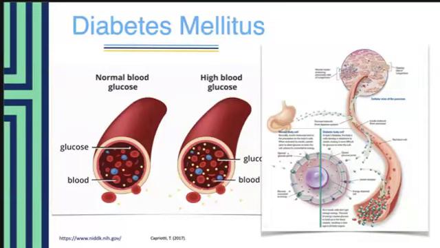if we leave type 1 diabetes untreated, the lack of insulin can lead to that severe hyperglycemia. Now, this is where the kidneys attempt to remove the excess glucose through increased urination. So we start to see that polyuria. However, this causes excessive fluid loss, leading to dehydration.